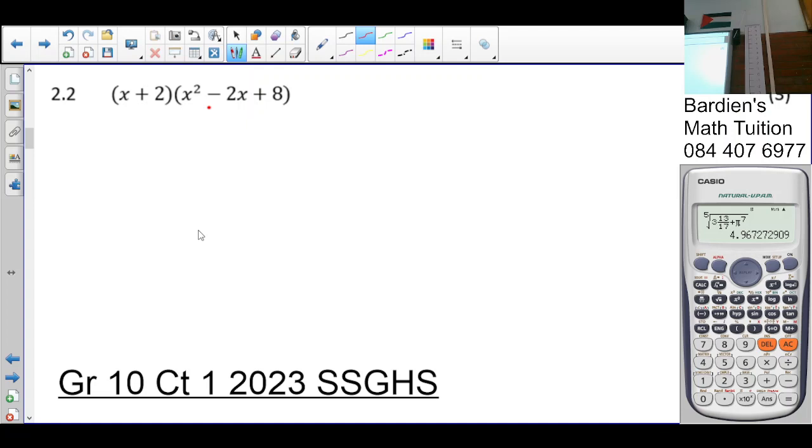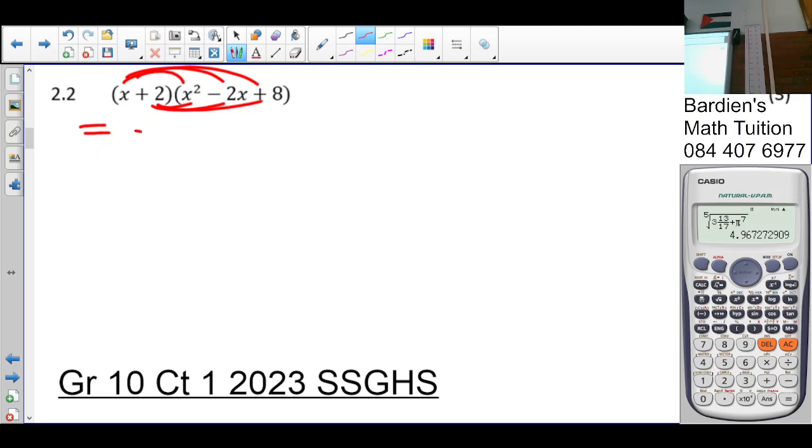And is the last term squared? No. So will it result in the sum or difference of cubes? No. However, if this was a 4, yes, by all means, it would have. But because it's not, and if I don't know how to check either, I would have just multiplied the whole story out anyway.